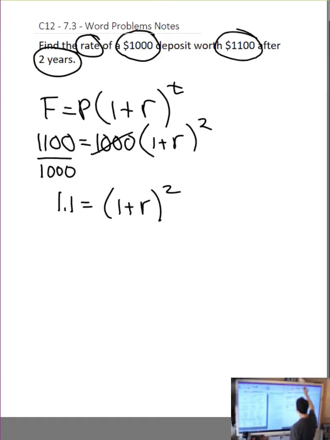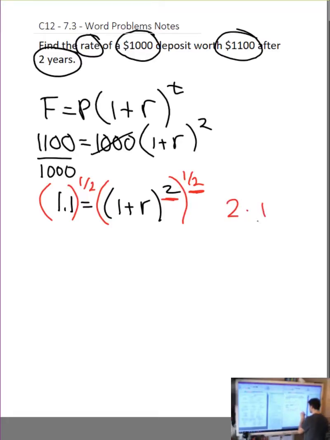Now, again, how do we solve this equation? Well, the notes from 7.1 and 7.2 tell us that if we have a variable, we want to take both sides to the reciprocal exponent. So the reciprocal of 2 is 1/2. So we take both sides to the 1/2. We do that because on the right-hand side, 2 times 1/2, the exponent is just equal to 1. So that eliminates the exponents.